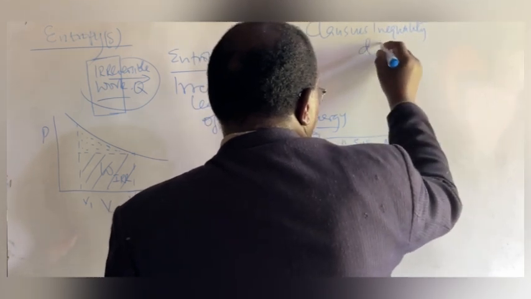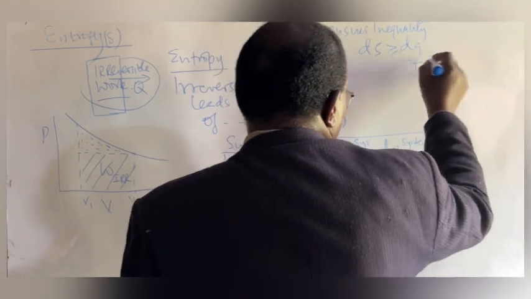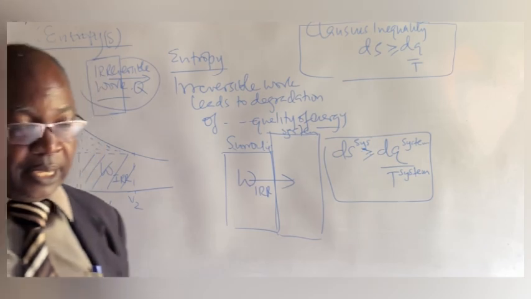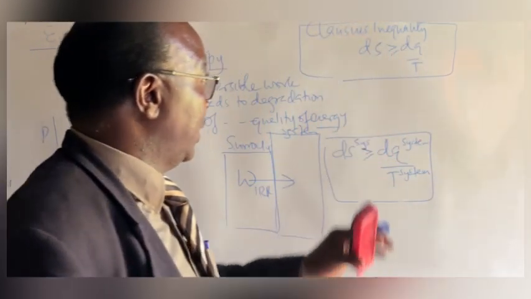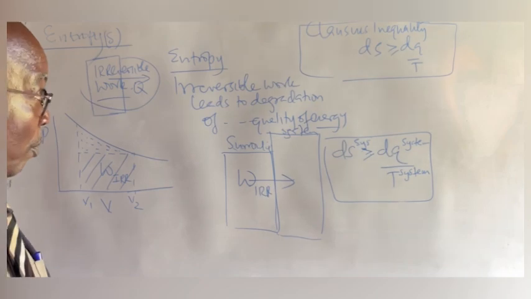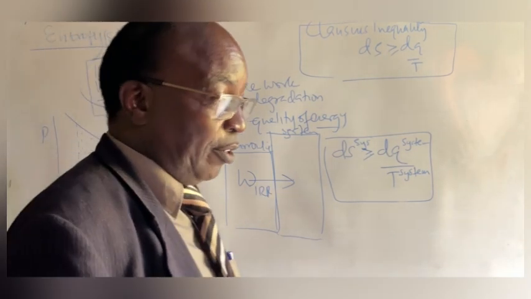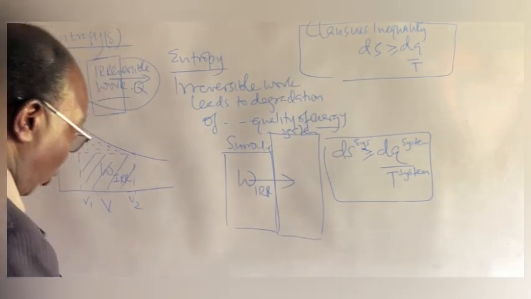And in general, Clausius inequality for dS is greater or equal to dQ over T. Very important. And if you look, for example, at phase rule and the likes, Clausius inequality plays a very important part in all that. Even if you look at the energy cycles, it plays a big part in those calculations.